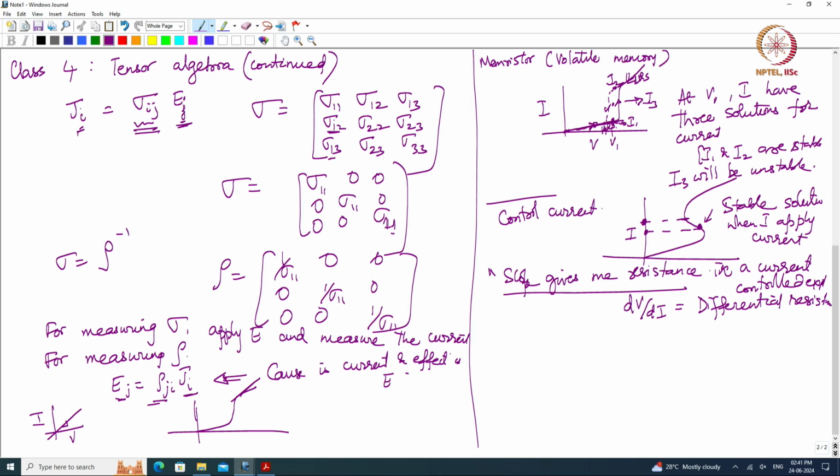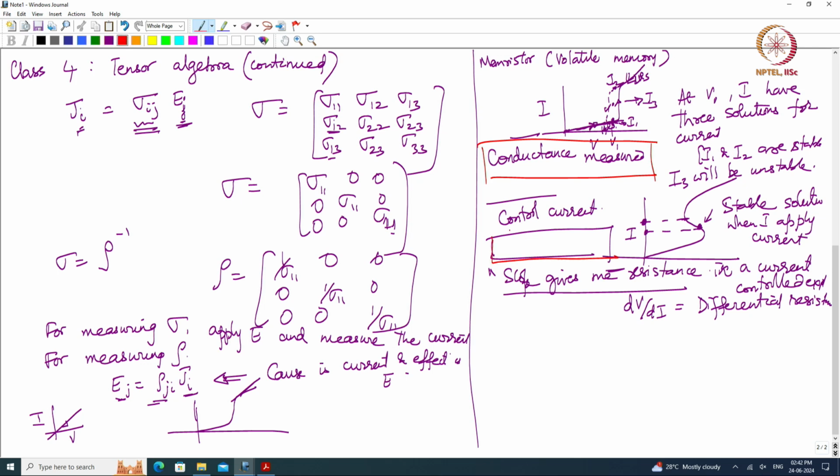Whereas if I want to really measure the conductance, these two curves are different. This is measuring the conductance of the device, and this is measuring the resistance of the device. Let me box it with red: resistance is measured.